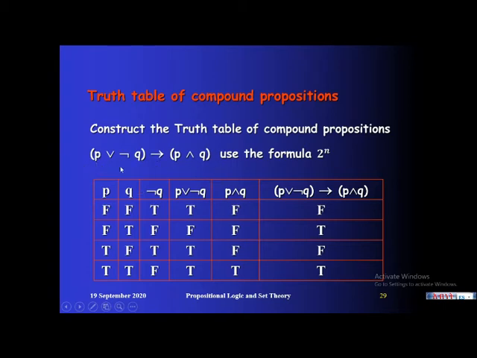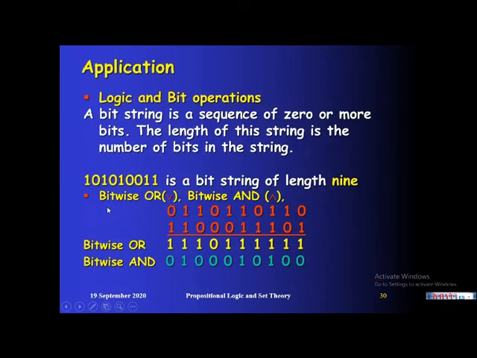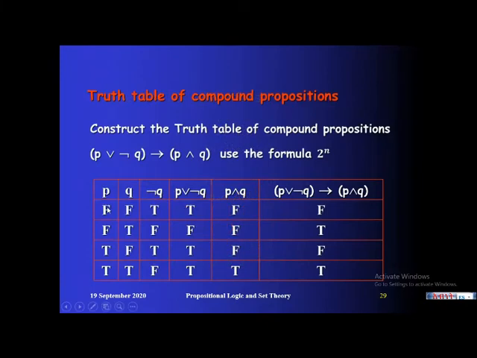How many letters here? Don't count the negation of the letters, simply count the kinds of letters. Here is P, here is Q, so 2 to the power of 2 is equal to 4. So we will have 4 lines: the first row, the second row, the third row, the fourth row.